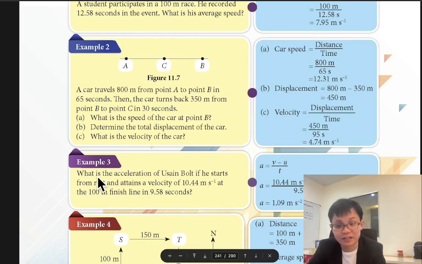That's why we say train station, right? It stops there, so it rests there, and the final velocity is 10.44. So 10.44 minus 0 divided by 9.58. This is the acceleration of Usain Bolt: 10.44 divided by 9.58 seconds, you get 1.09.